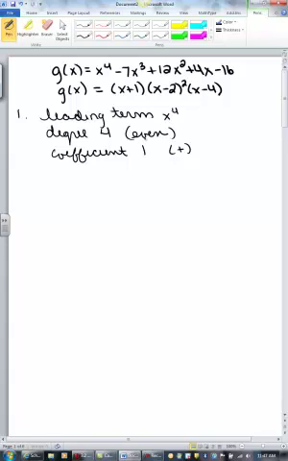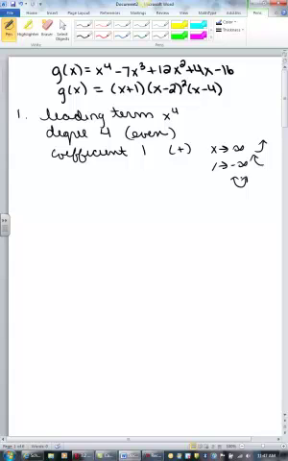So we've got even and positive. So that tells me my end behavior as x approaches infinity is going to go up. As x approaches -infinity, it's also going to go up. So we're looking at something that is going to go up in either direction.